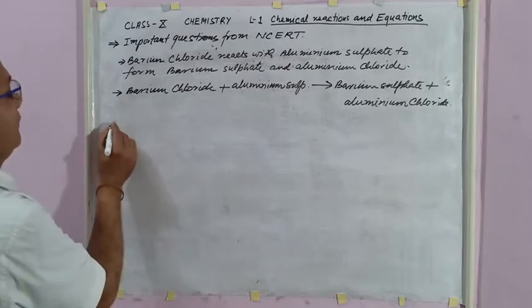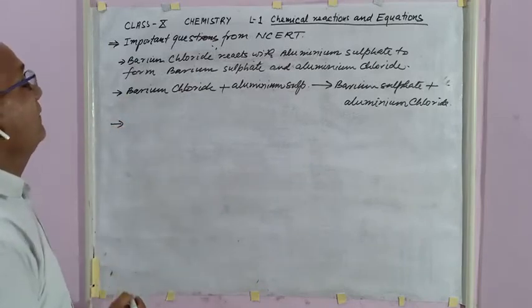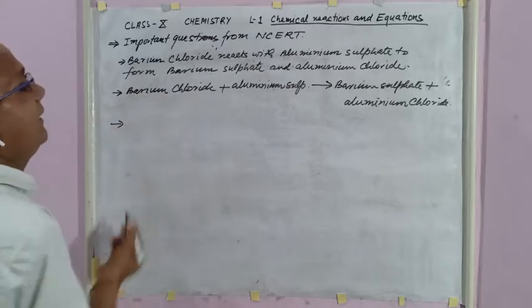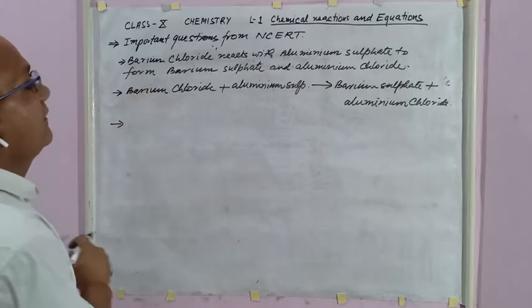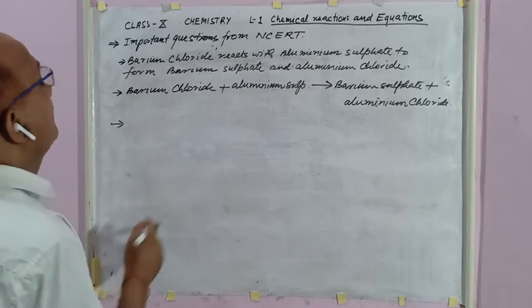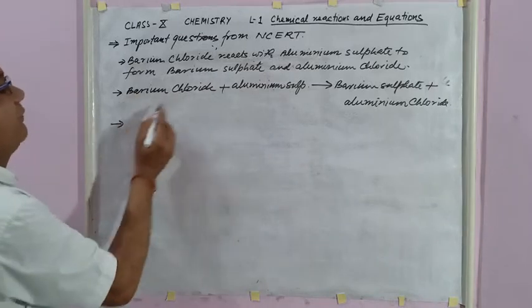So now we will convert it into a symbol equation. To write any chemical equation as a symbol equation, we write the formulas.